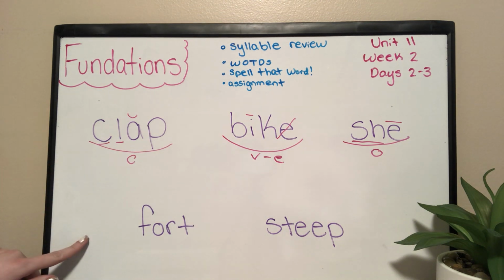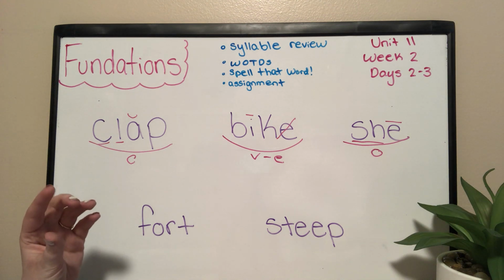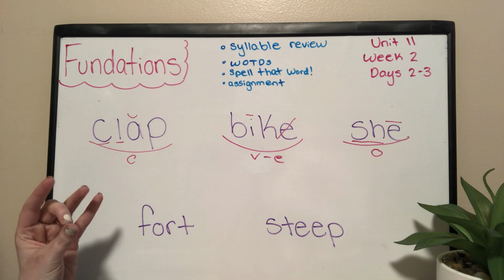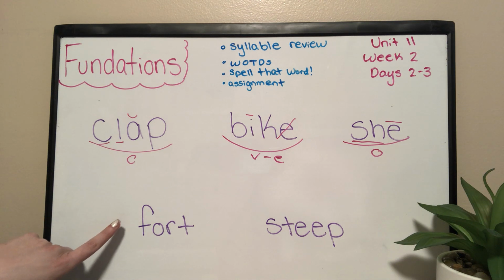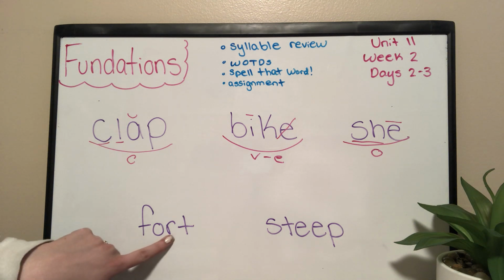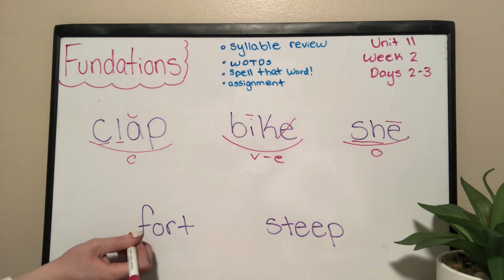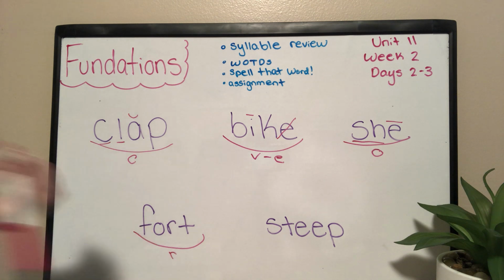3 words down, 2 to go. Here we have a word that we're going to tap out. F, or, t, fort. What kind or type of syllable is this word, fort? You got it. That vowel and that R should be your giveaway. It is an R-controlled syllable. R for R-controlled syllable, not for Rickberg.